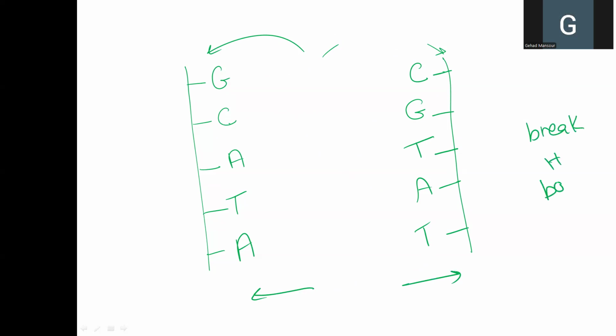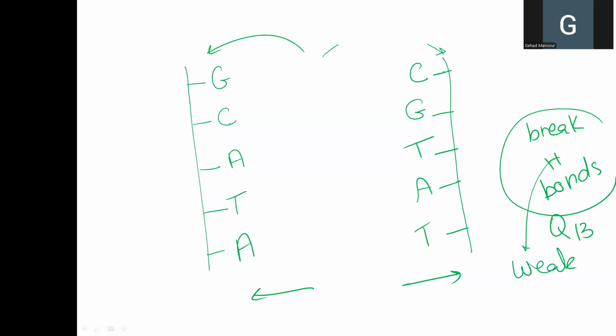And this is the important question. I don't remember, it might be question number 13. What is the importance of having hydrogen bonds for replication? Because the hydrogen bonds are weak bonds. And if they are weak bonds, then they are easy to break. And breaking them is important because we need to separate the two strands.